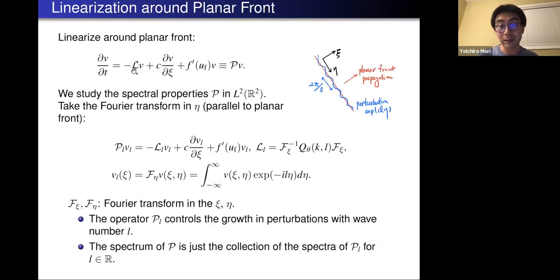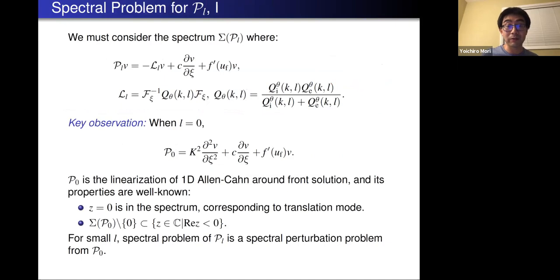So if we go back, this is the planar front in red that is propagating in the xi direction. And if the wave number L is equal to 0, then we're only looking at perturbations that are parallel to the front. And therefore, the operator that governs those perturbations is just the linearization of the 1D Allen Cahn equation around that front.